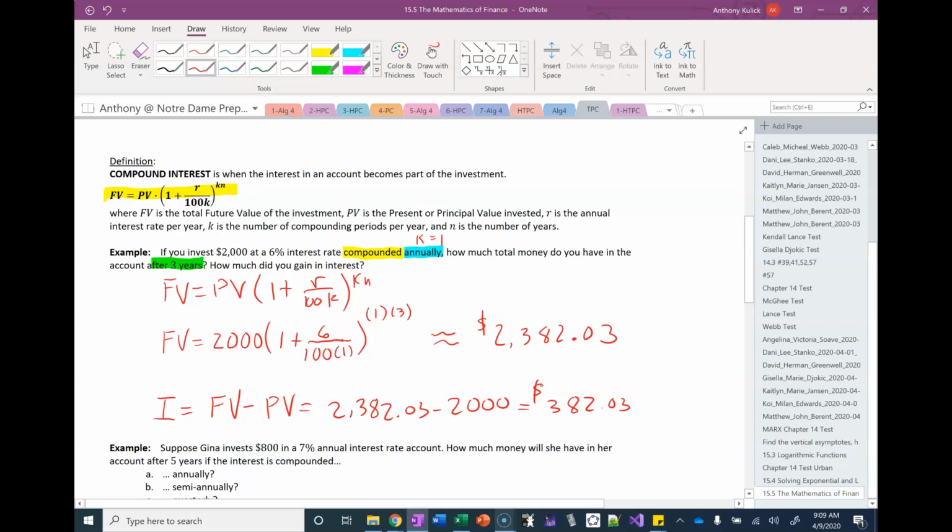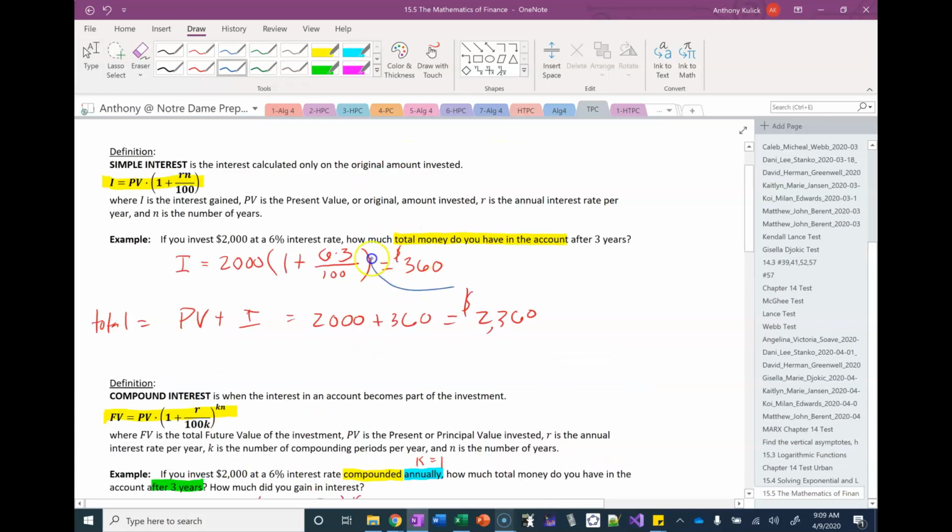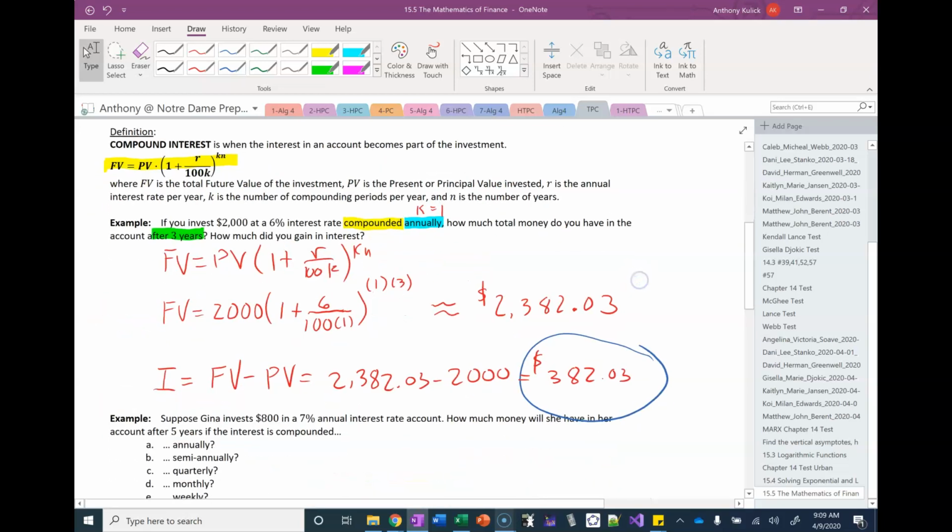Just take a quick pause here and compare this situation to the previous one. In a simple interest situation, we made $360 in interest, where everything else was the same. The interest rate was the same, the period of investment was the same, and the initial investment was the same. In the compound interest situation, we made an additional $22 and some change.